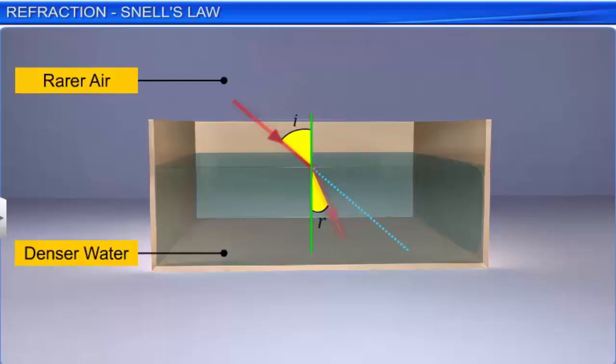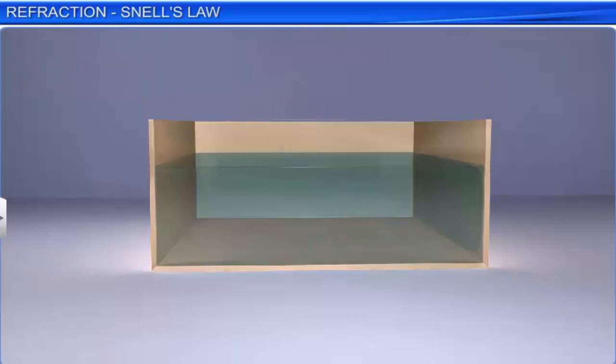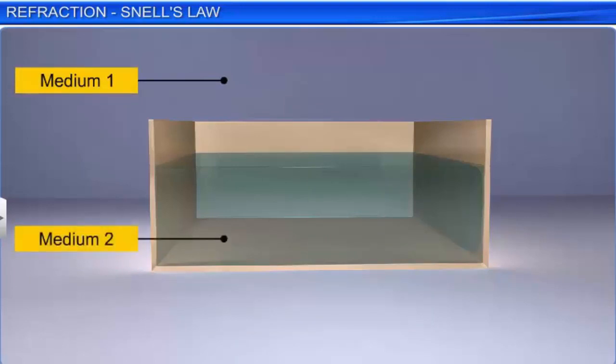When light travels from medium 1 to medium 2: 1. The incident ray, the refracted ray, and the normal to the interface at the point of incidence all lie in the same plane.